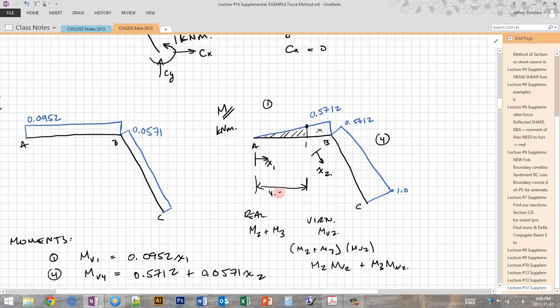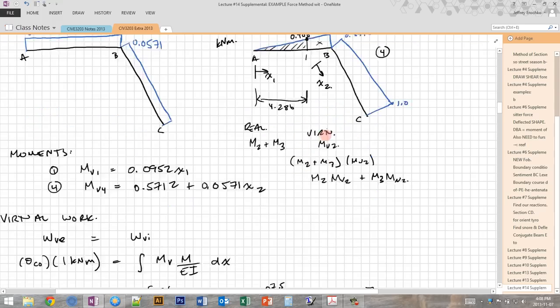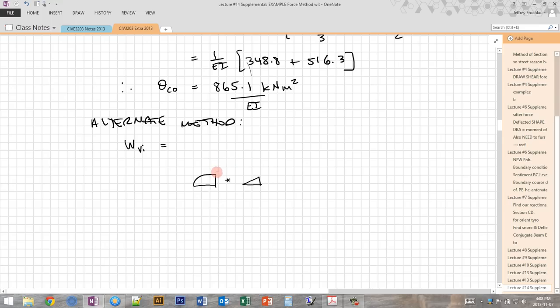Then using similar triangles, we know that this is 0.408 high. So we have our parabola, which the maximum is 229.6. The length here is 4.286, and the height of this triangle is 0.408.